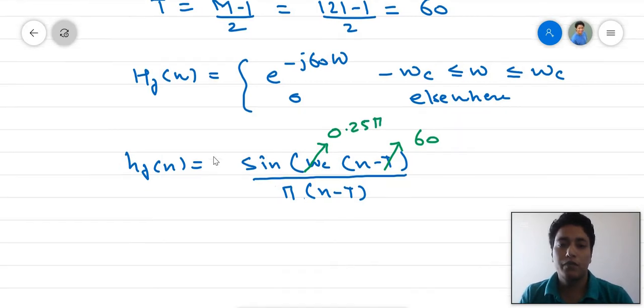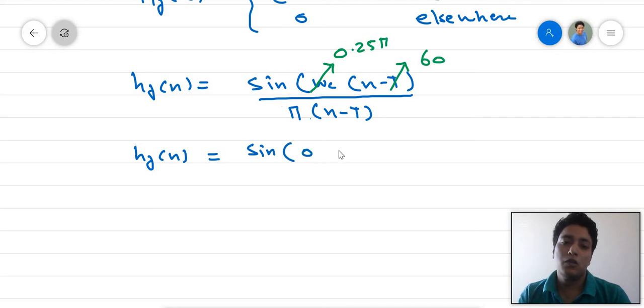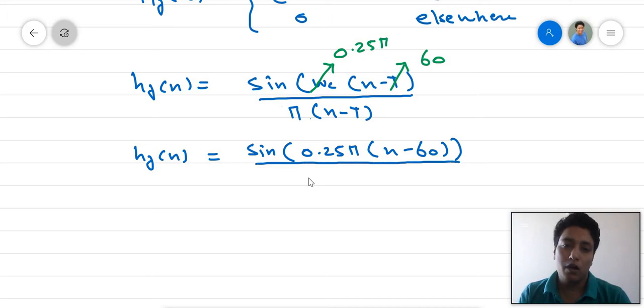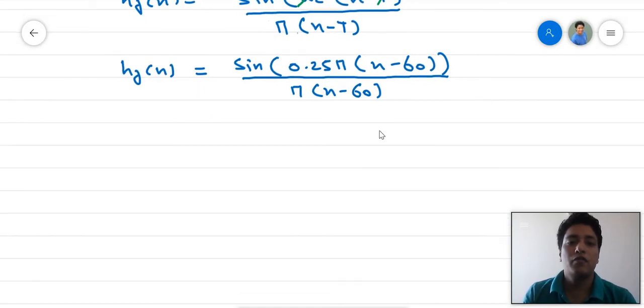Substituting, we get h d of n equals sine 0.25 pi into n minus 60 over pi into n minus 60, where n will vary from 0 to M minus 1, and actually we have to find only the values from 0 to 60.